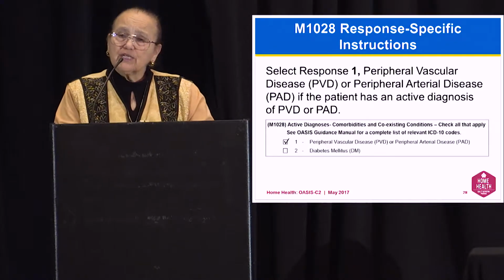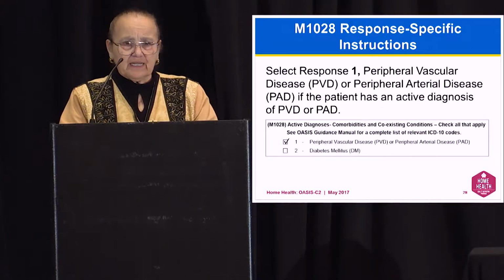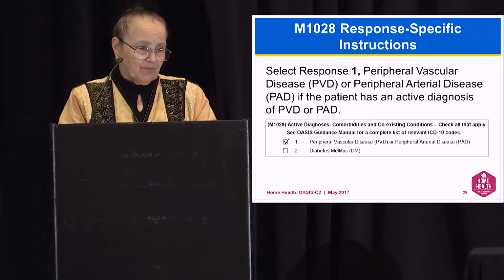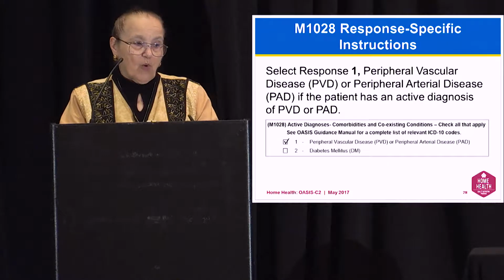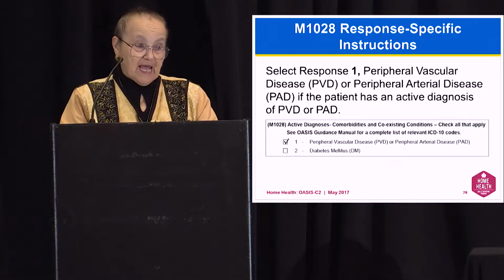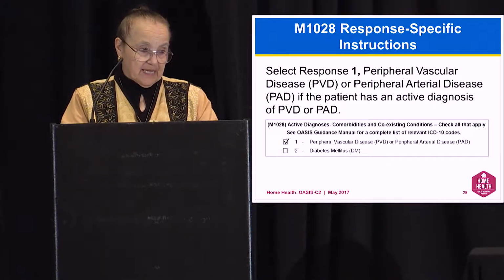So let's take a look at the question itself, now that we've looked at all the background factors that might influence how you're going to answer it. You would select box number 1, peripheral vascular disease, PVD, or peripheral arterial disease, PAD, if you have determined that the patient has an active diagnosis of PVD or PAD.